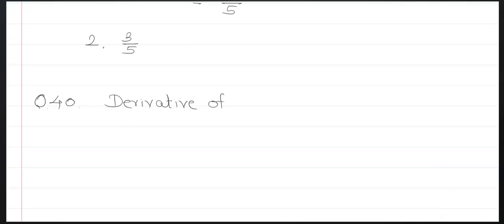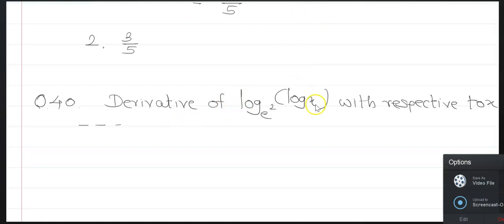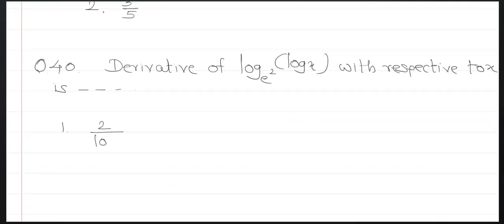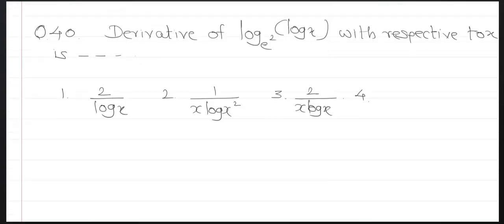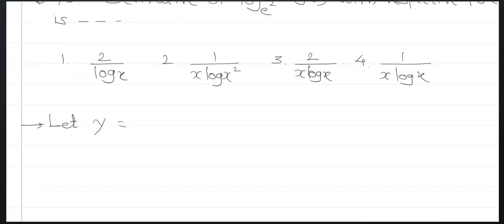Derivative of log of x to the base e square, that is the derivative of log of x to the base e square with respect to x is, the options: 2 upon log of x, 1 upon x into log of x square, 3 upon 2 upon log of x into log of x, and fourth 1 upon x log x.